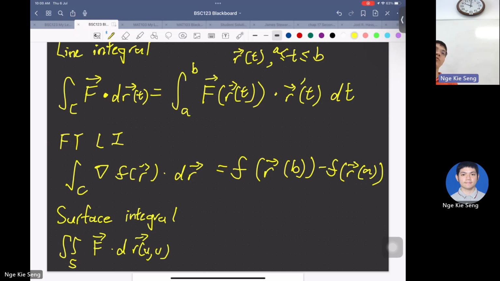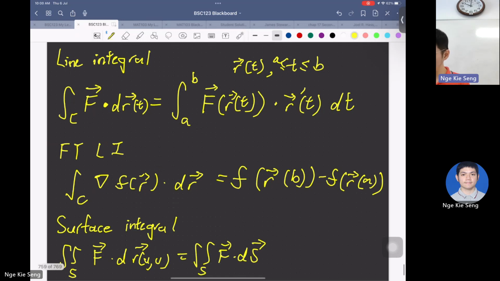Sometimes we put a cross product. These are actually line integrals of what I put here, a vector field.